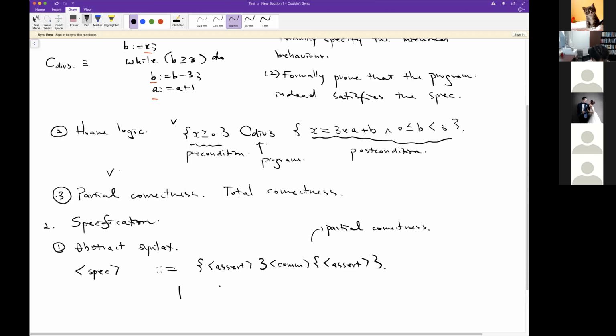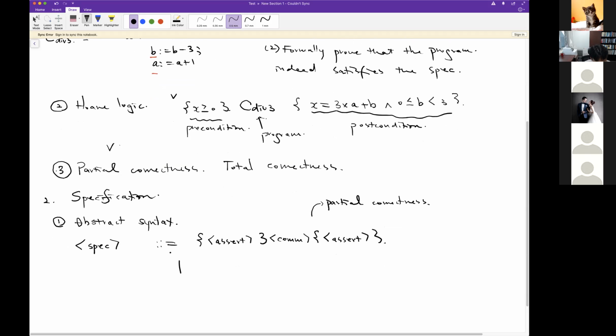The other one is for total correctness, which looks very similar, but instead of using curly parentheses, we are using square parentheses. Assert, command, and another assert.